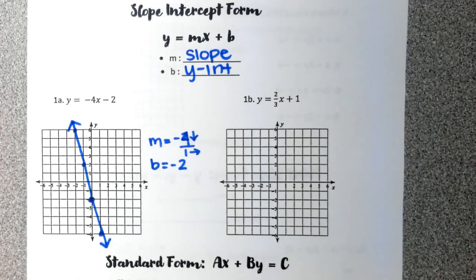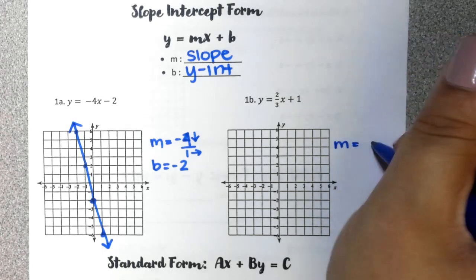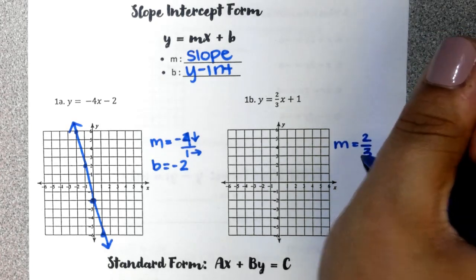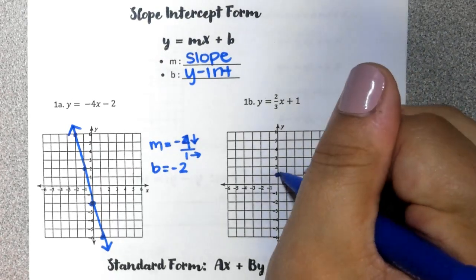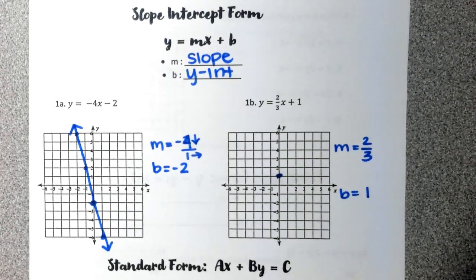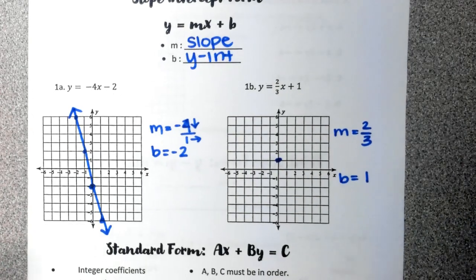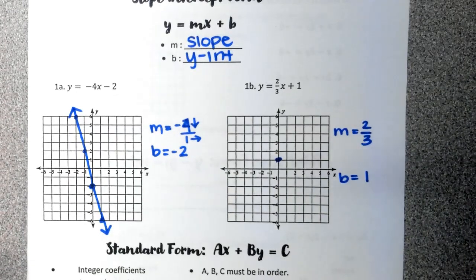Every time. All right, I want you to do 1B. Go. Where does this begin? At 1 on the y-axis. Make sure you're plotting that on the y-axis.